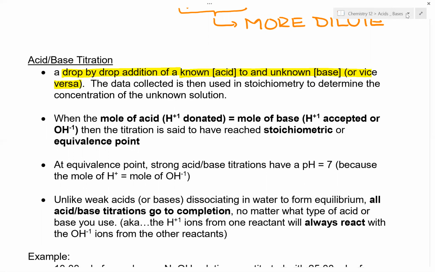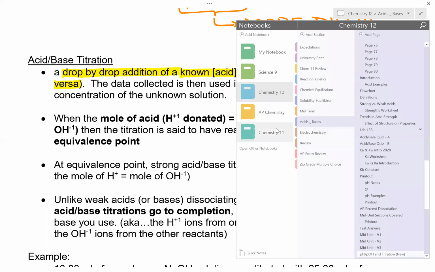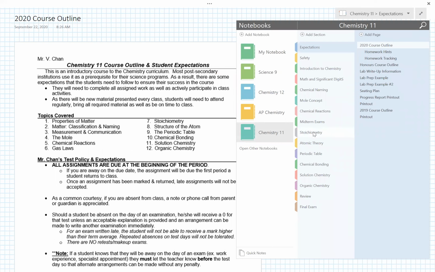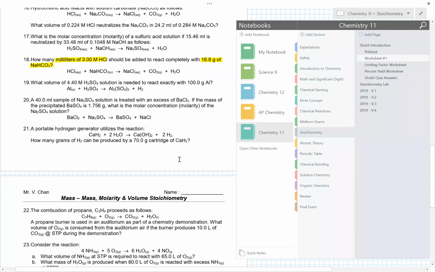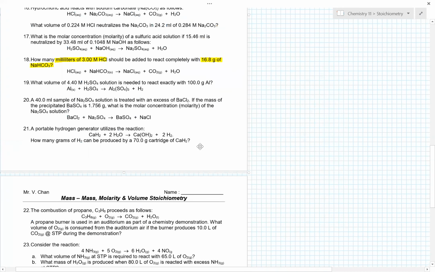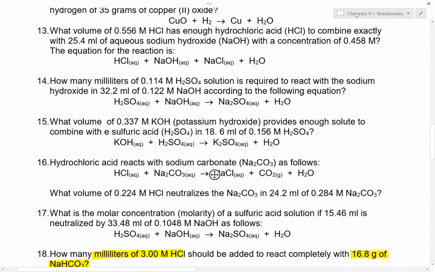Now, in grade 11, when you did stoichiometry, all right, let me see if I have the questions here. Oh, yeah. You would have, like, question number 13, 14, 15. What volume of 0.556 HCl has enough hydrochloric acid to combine exactly with 25.4 mL of yada, yada, yada?